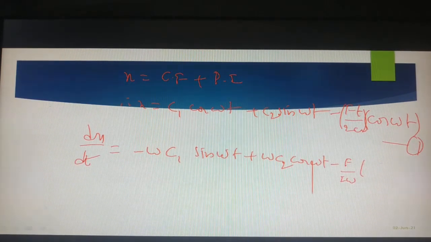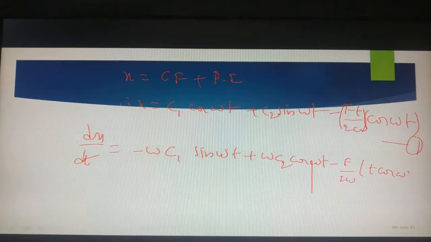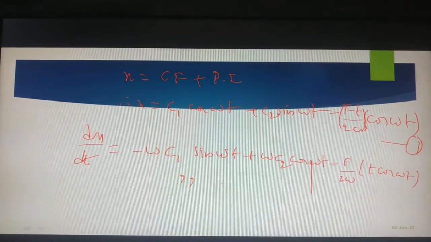If I keep cos omega t as common, it is our wish, whatever we want to take first. Actually t into cos omega t is there, so this term comes as it is, this term comes as it is, this term also comes as it is. Minus f by 2w.